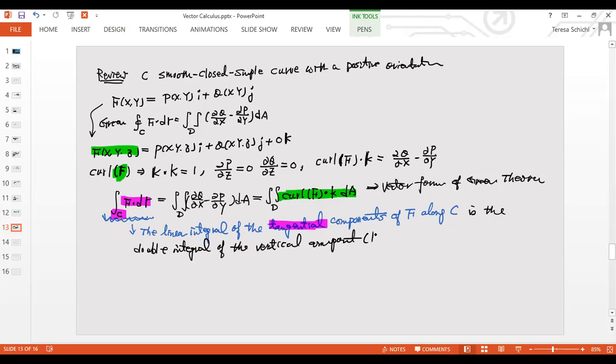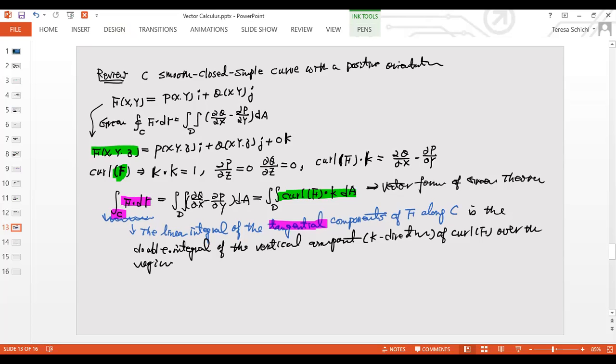That's why we say it's the k direction, right? So it's the vertical component of curl over the region D.